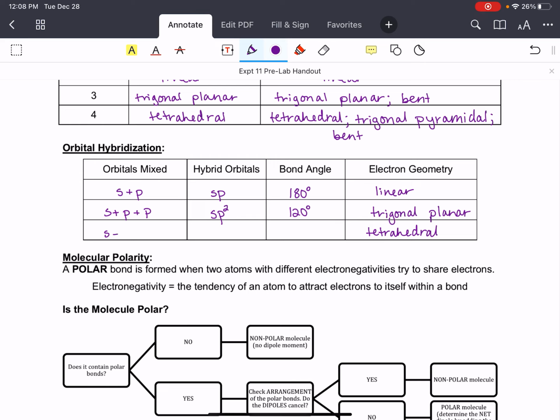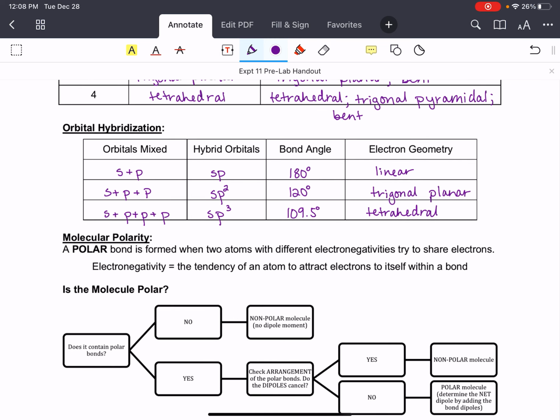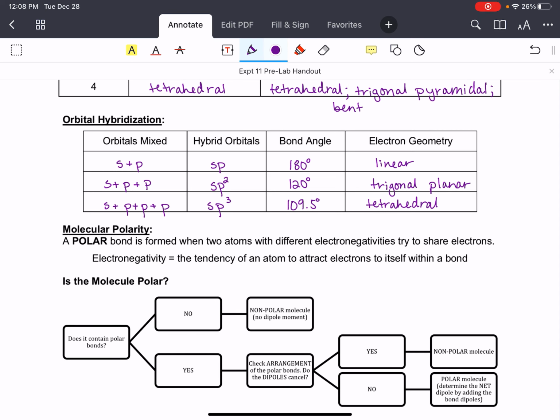Since we know a p orbital has 3 different orientations, if we use up all 3 of them and get sp3, the bond angle becomes 109.5, and it's a tetrahedral geometry. So that's how we think about hybridization: generally the electron geometry is going to match the hybridization.